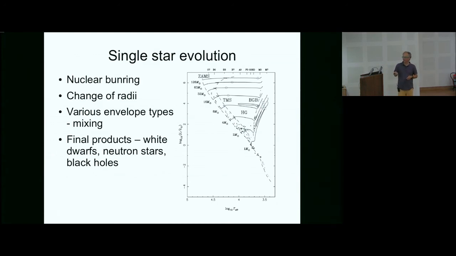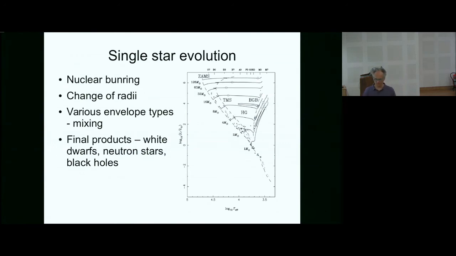Now, by what factor can the radii expand? Let's say the case of a one solar mass star. It's a nice example. Say the temperature goes down by half an order of magnitude. The luminosity goes up by 4 orders of magnitude.